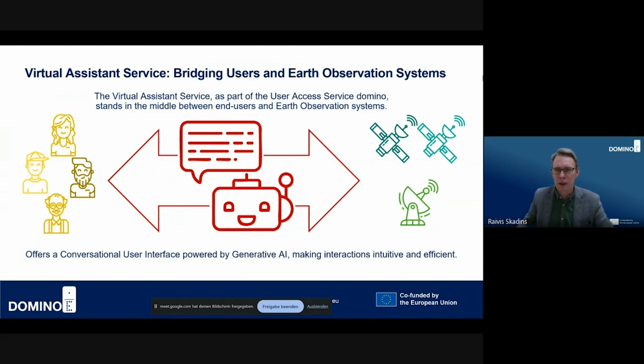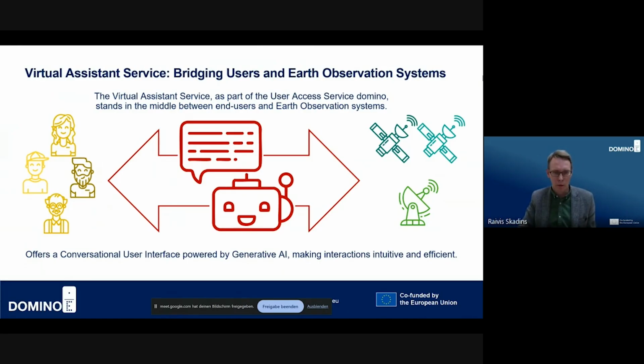And from the other side, there are all these sophisticated systems with many constellations of different satellites, different missions and antennas, all kinds of ground segment systems. And there is a big gap between those two, between users and ground segment systems.